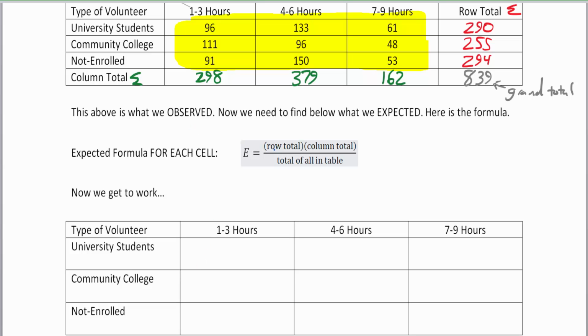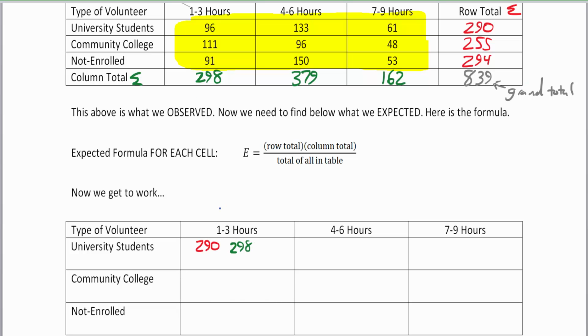So what we need is the row total and the column total divided by the total in all table. The row total for this cell right here is 290. The column total of this cell, the 96, is 298.